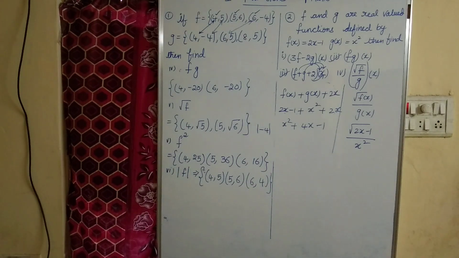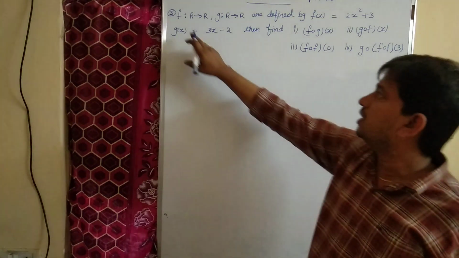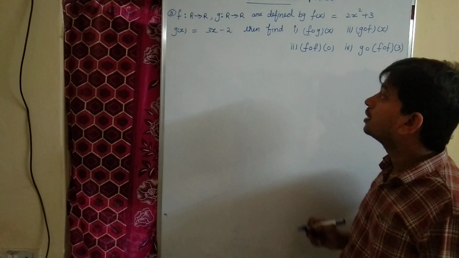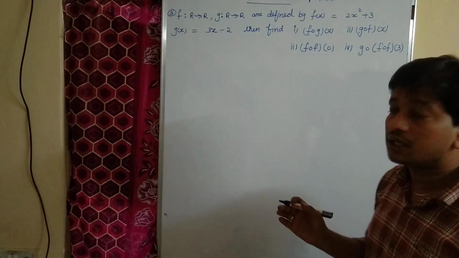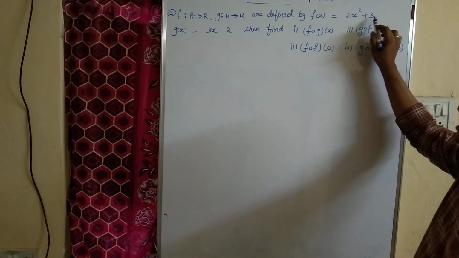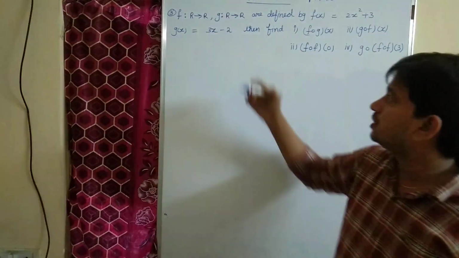Now coming to the second method. Now if you see, f maps R to R and g maps R to R are defined by f of x equal to 2x square plus 3, g of x equal to 3x minus 2.